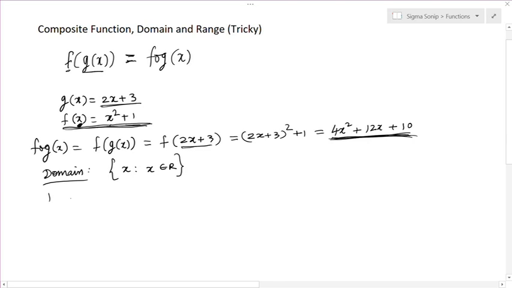When we come to range, we can look at this equation, and it gives us so much information. If we analyze it properly, the first thing we see is that it's a quadratic, and the coefficient of x squared, the 4 here, is a positive number.